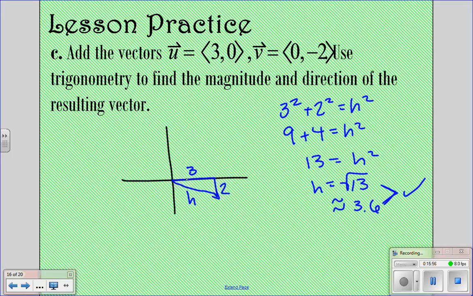For the direction, we first need to find this angle. And so we're going to do the tangent of theta is opposite over adjacent, so 2 over 3. And then tangent inverse of 2 over 3 will give us theta. And so our theta value is 33.7 degrees.